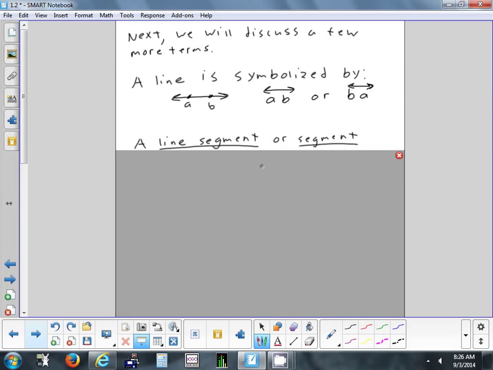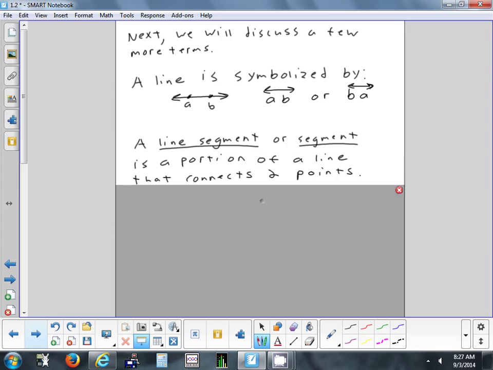Well, what if I said to you something like, we're going to review just a segment of what we did in class yesterday? What does that mean? Like not all of it. Not all of it, right? Part of it. Okay? So that's basically what a line segment is. A segment is part of a line.